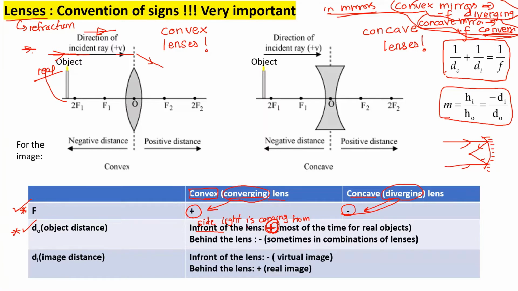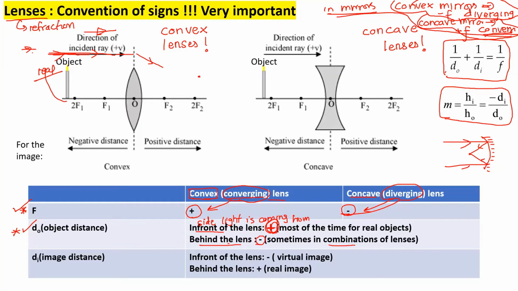In combinations of lenses, sometimes you will see that light is coming from this side, but your object is somewhere here. They are virtual objects. You will see that when we go to combinations of lenses. This is not very common unless it's a combination. We will do problems like this. If that's the case, your D naught will be negative.